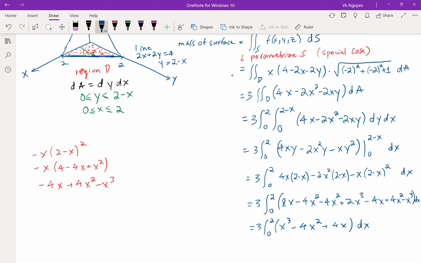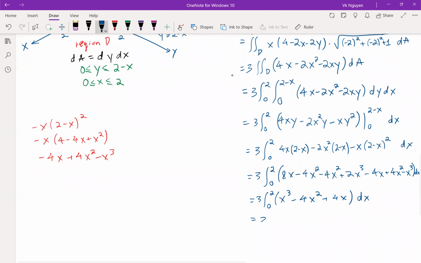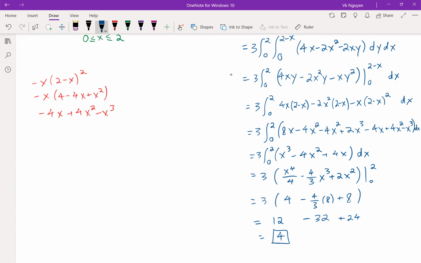Almost there. x to the 4 over 4 minus 4 over 3 x cubed plus 2x squared.